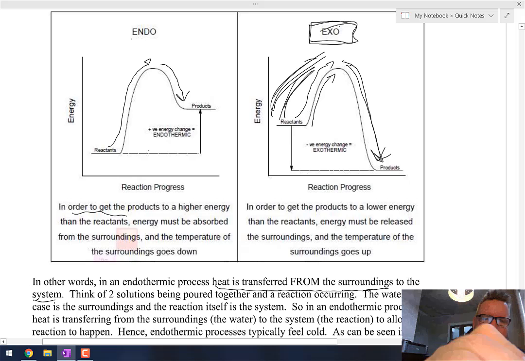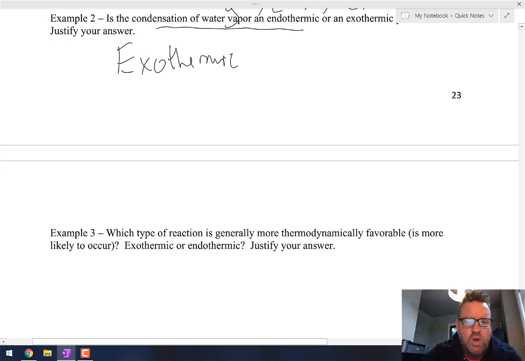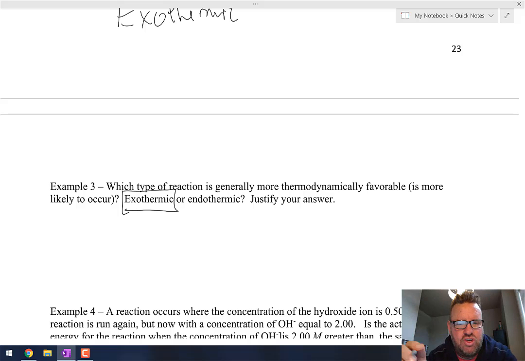But in an endothermic process, if you don't have enough heat to keep this going, then that reaction will stop. So which one is more likely to occur? Absolutely an exothermic process. And why is that? Because it releases enough energy to provide the activation energy for that reaction to keep going forever.